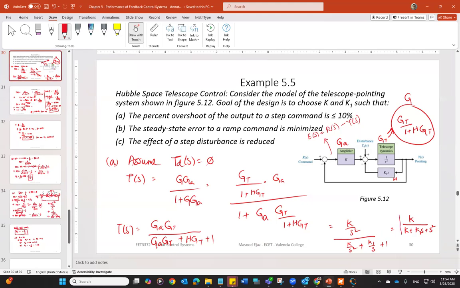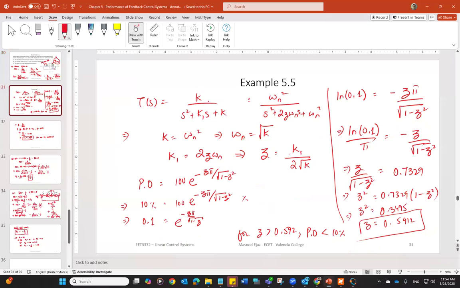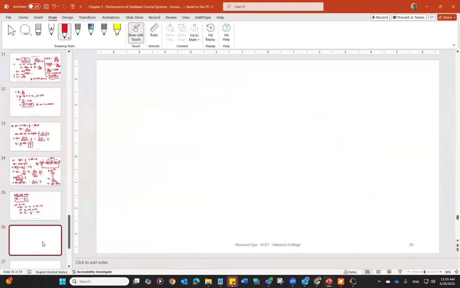This is my YS over RS. So let's go ahead and plot both of them for the value of K to be 100 and the value of K1 to be 12 and see how the response is going to look, and if these values of K and K1 are good. So let's go ahead and do that.